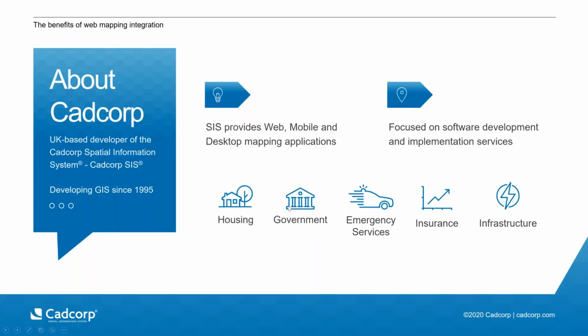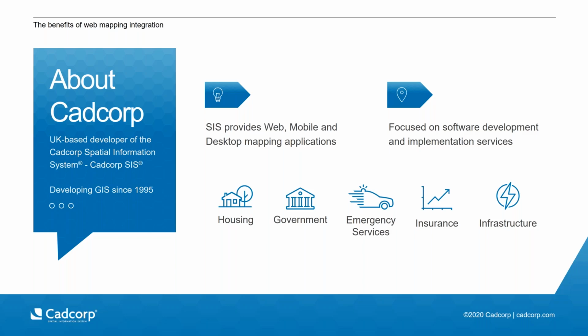Okay, I'm going to give a little slide around who Cadcorp are. Cadcorp are a UK-based software company who developed the Spatial Information System, or Cadcorp SIS, which provides desktop GIS used for capturing and analysing spatial data, and also a web and mobile application which allows for the sharing and visualization of spatial information over the web. This is all built using the Cadcorp core technology.